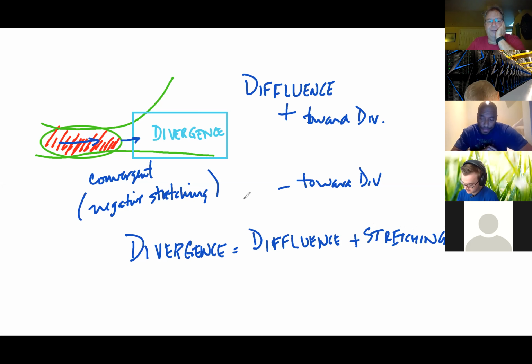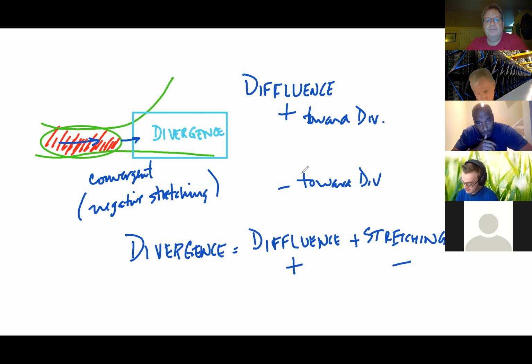So when it's diffluent, like it is in this picture, then we know that that's a positive term. But do you see that it is converging in terms of speed because I have a jet max coming into here? So that means this is negative.